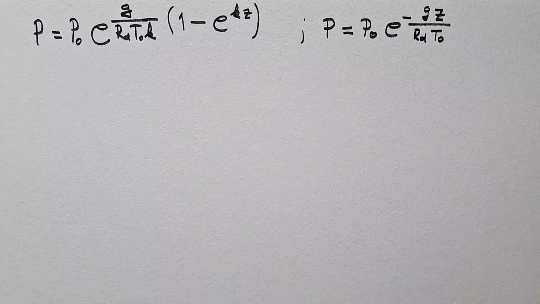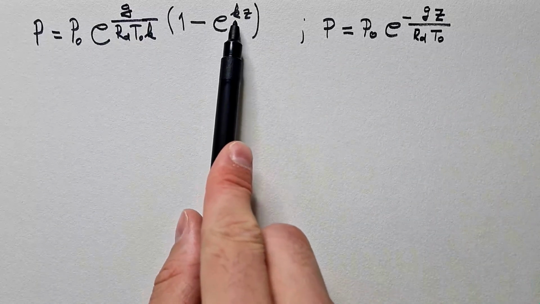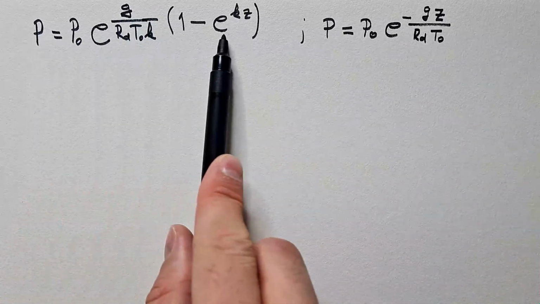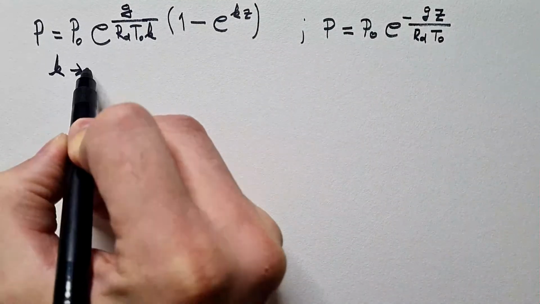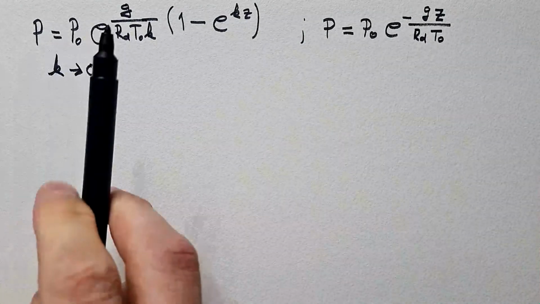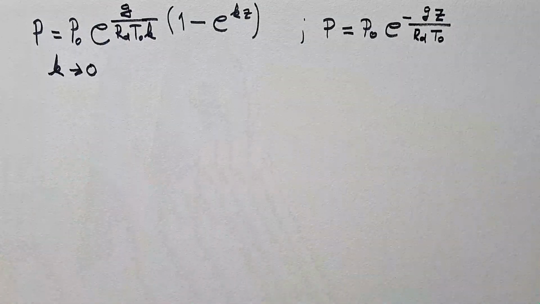What we need to do now is to let k go to zero, and this expression should become this expression. For k goes to zero, we need to evaluate a limit of this expression.